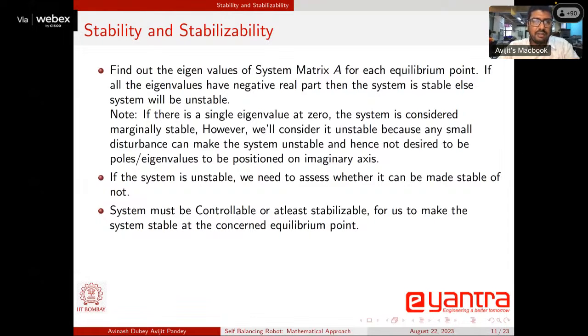If the eigenvalues of system matrix A lie within the left half of the complex plane, it is a stable system. But if any of them lies to the right, it is unstable. And if the eigenvalues are lying on the vertical axis, it can be stated as marginally stable.